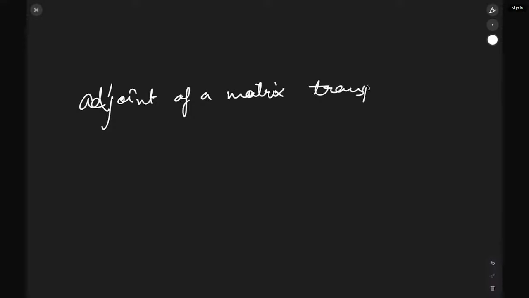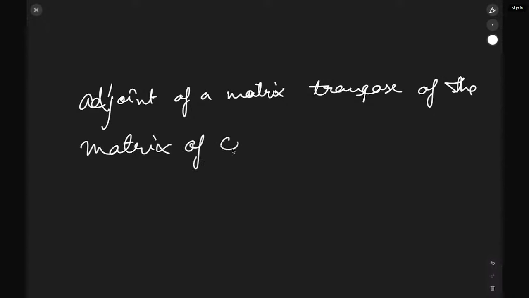Now, basically, what is the adjoint of a matrix? Adjoint of a matrix is the transpose of the matrix of cofactors.